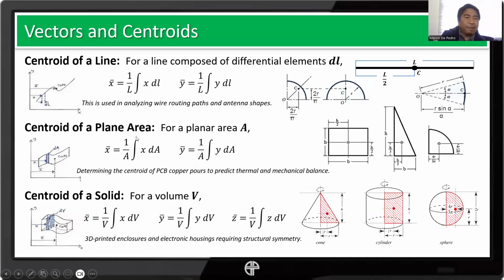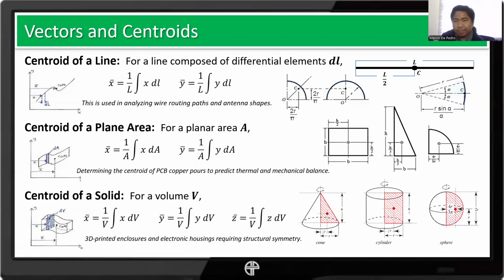When it comes to solids, as you can see, the pattern is still the same. Instead of length or area, this time we divide by the volume. And instead of dL or dA, we now have dV. I'm not going to discuss how we do this because this is part of your integral calculus. But we're going to have some examples in our handout and also in our face-to-face discussion.